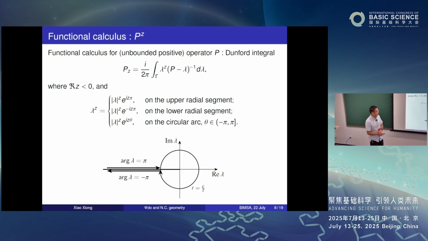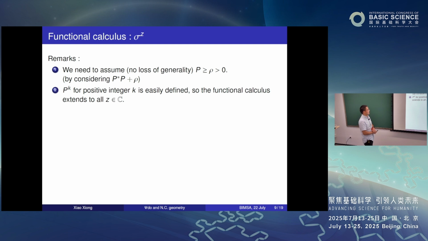In order to do this, we can assume that this lambda inside this gamma is not in the spectrum of the operator P. And secondly, we have to assume that the real part is negative. To fulfill these two points, I remark here, firstly, we need to assume that the operator P is positive enough, say strictly positive.